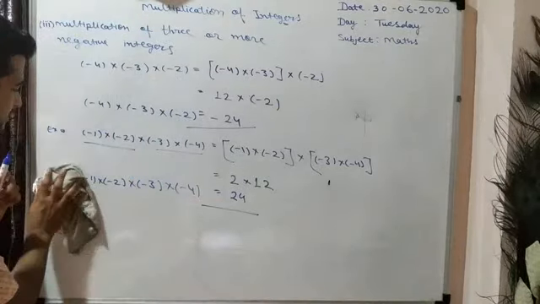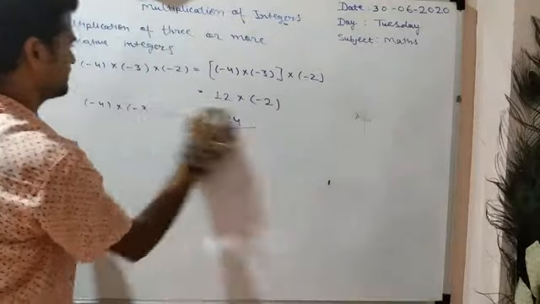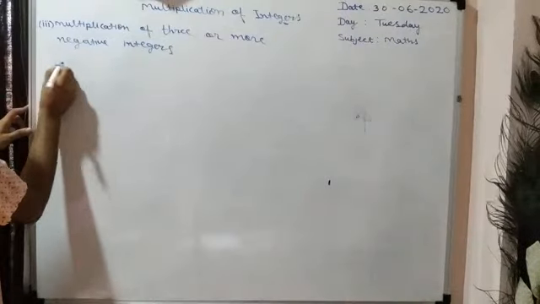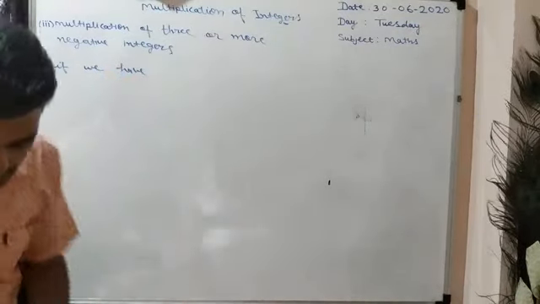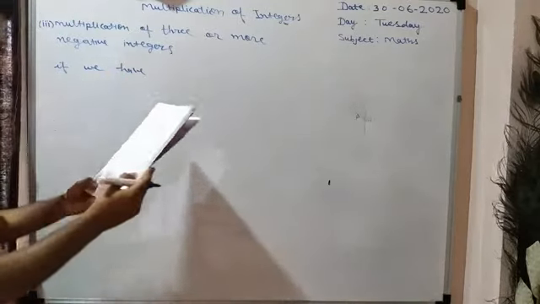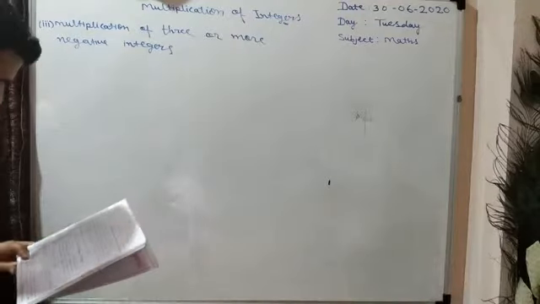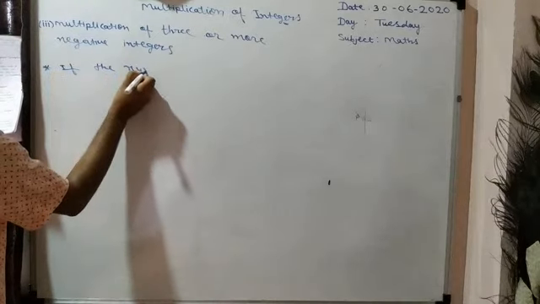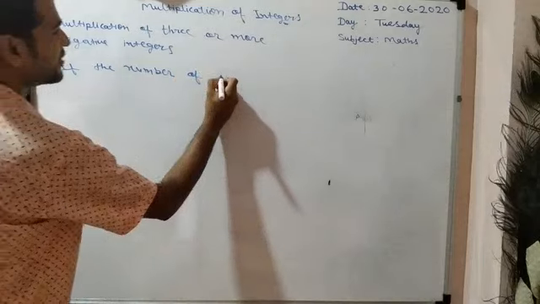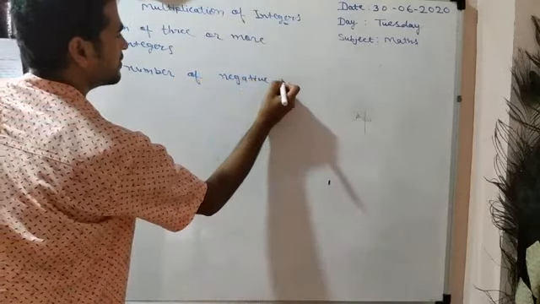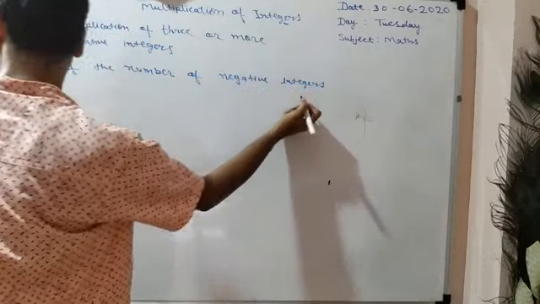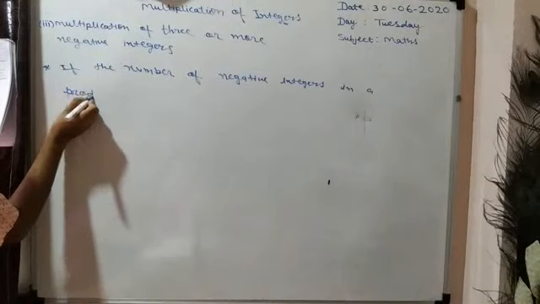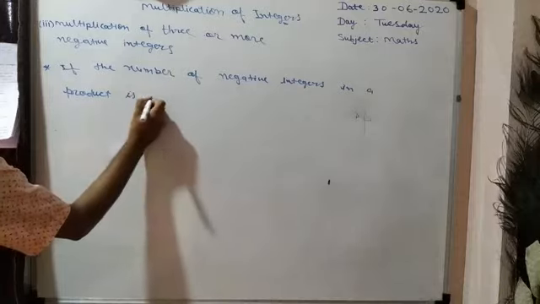what we can conclude here: if the number of negative integers in a product, or in a multiplication, is even, this is the first case.